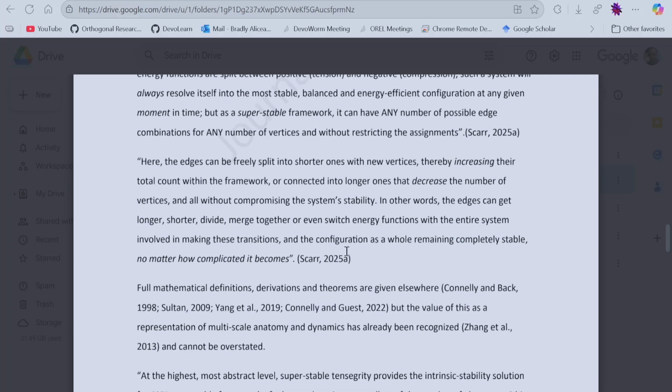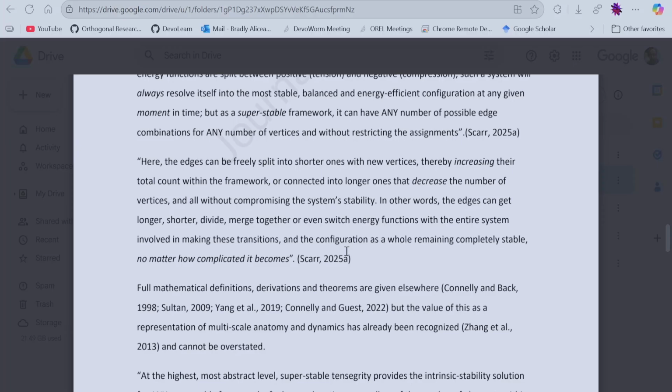And so that does raise an interesting question, which is that you can change the number of edges and the number of nodes in the system as the anatomy evolves, or as it develops, or as you simply get deformations in the shape.